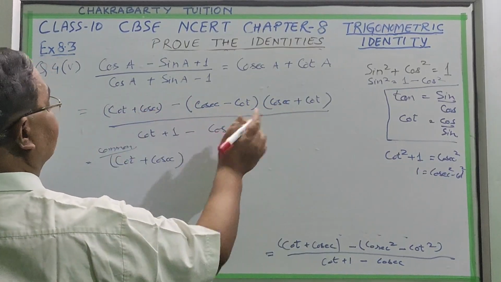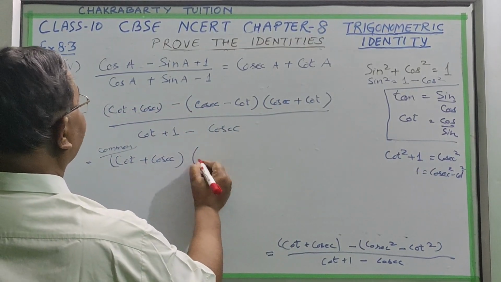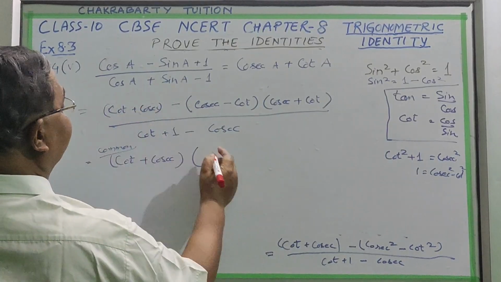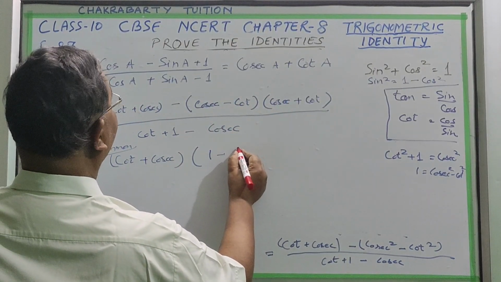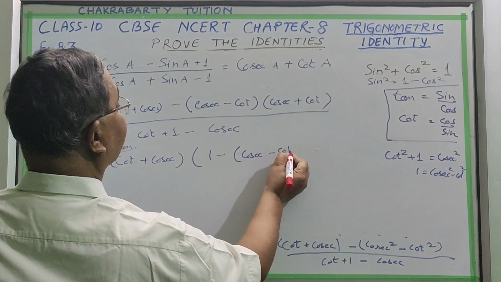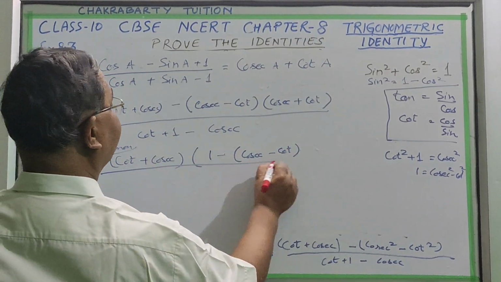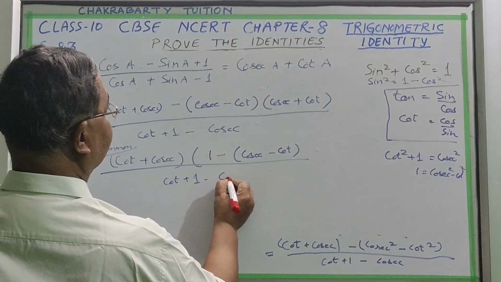This and this common we have taken out, so what will remain? 1 will remain, and minus cosec minus cot will remain, and lower side it will remain like this, cot plus 1 minus cosec.